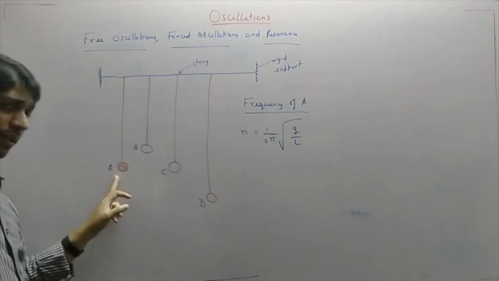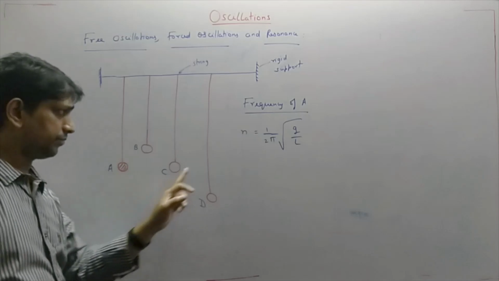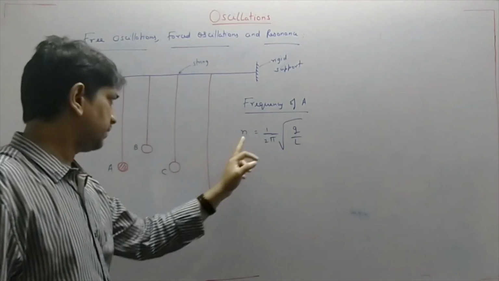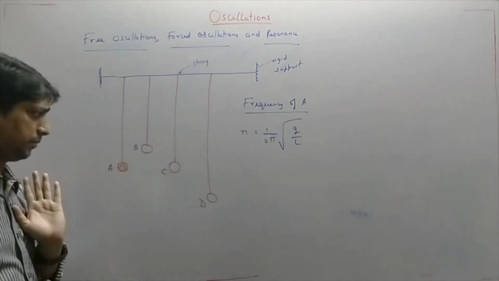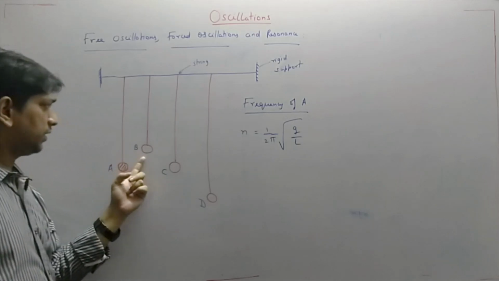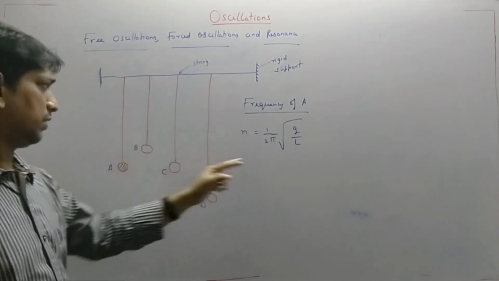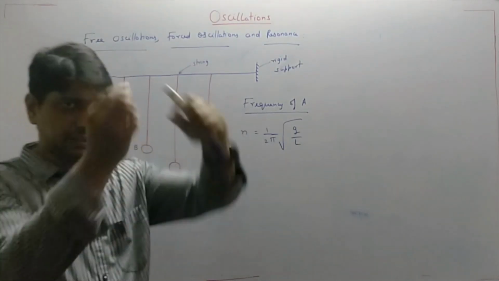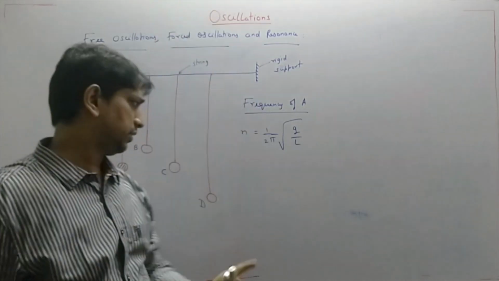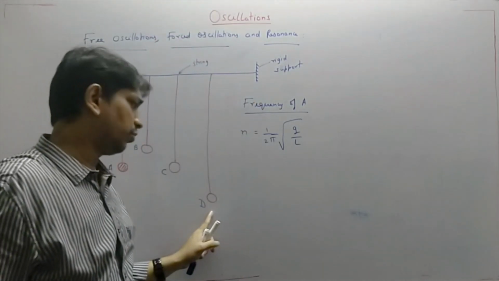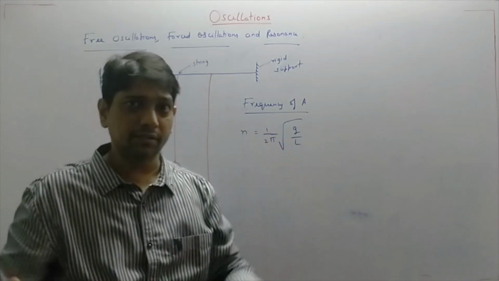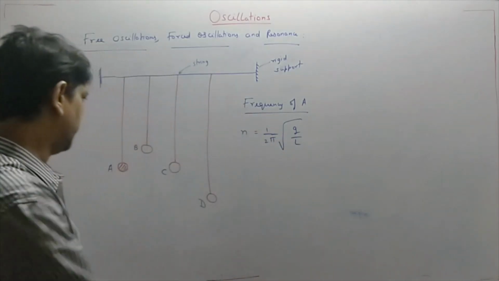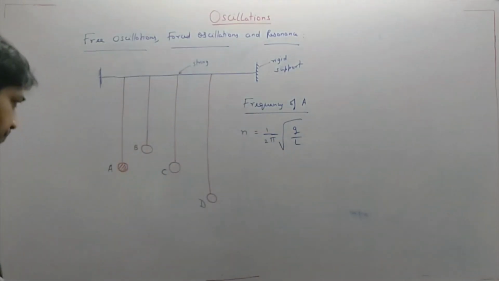Length of pendulum A and length of pendulum C is the same, so the frequency of A and C will be the same. With shorter length we have more frequency. B has a short length, so it will oscillate quickly. And D has more length, so frequency will be less. A and C have the same frequency.